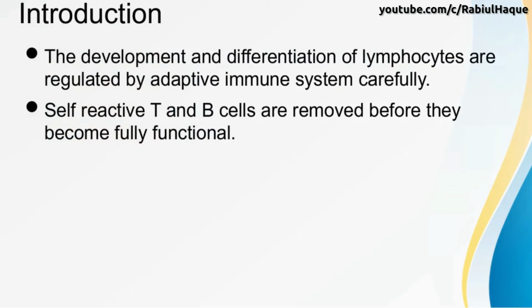So first we will talk about some introductory points, and always remember that development and differentiation of lymphocytes are tightly regulated by our adaptive immune system. Self-reactive T cells and B cells are removed before they become fully functional.